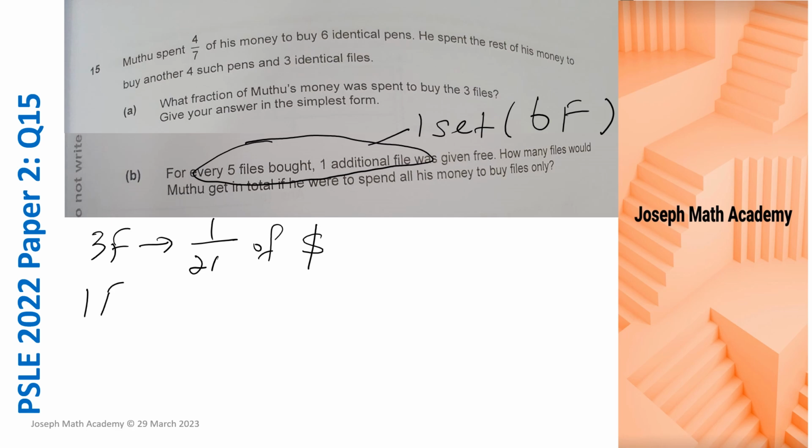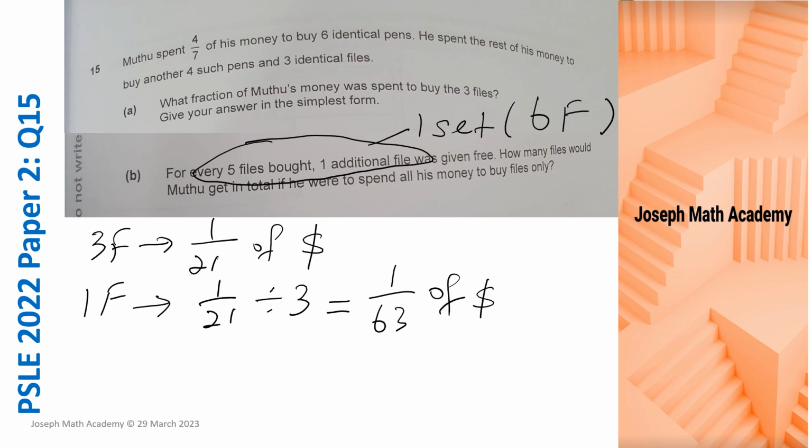Okay, so let's find the price of 1 file first. So 1 file should be equivalent to 1 out of 63 of Muthu's money. That's the price of 1 file.